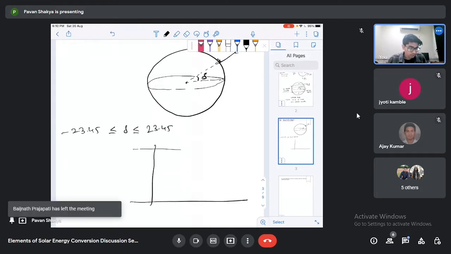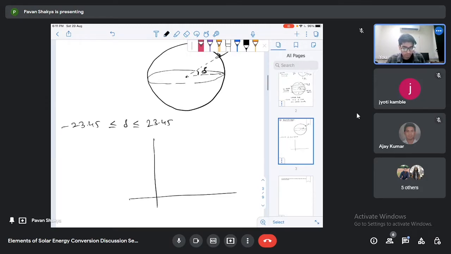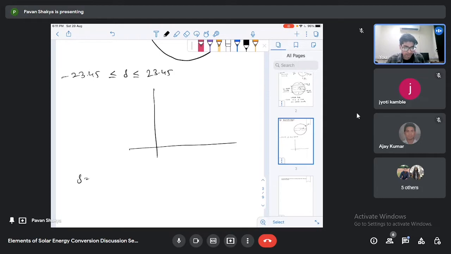So suppose this is around 1420, this is around 1320, then this curve. Okay. So the expression for this delta, you have already seen, is plus minus 23.45 and one plus sine, some function of sine.